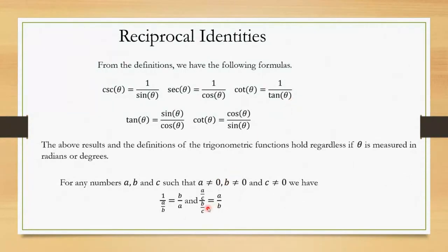Not only that, I put this in here. Again, we're assuming that A, B, and C, the numbers are non-zero. These are never divide by 0. Here, sine over cosine, okay? Well, this will come in handy when we calculate tangent and cotangent over here.